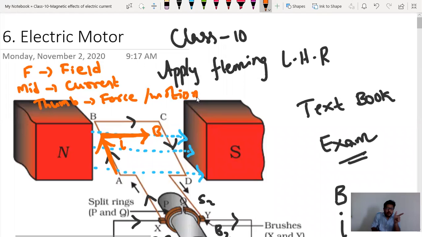Now try to apply that. Your middle finger for current should be straight like this, and the magnetic field should be like this. I think you can see me on screen like this, right? Current is moving in this direction and the magnetic field is in this direction. How is my thumb directing? Down, isn't it? So automatically the force will be downwards.